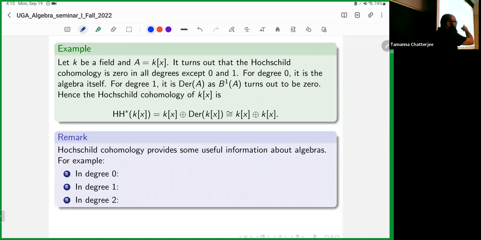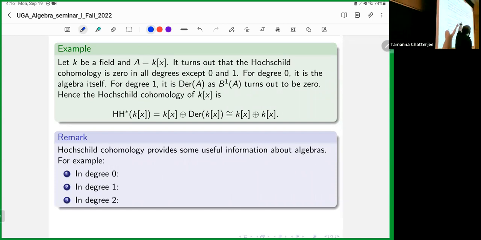In degree 0, we actually get the center of the algebra, which is itself, K[x], because D0 is just the algebra itself, and B0 is just 0, so that's why we have K[x].